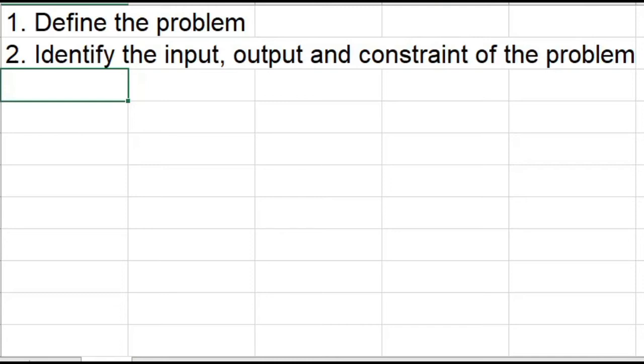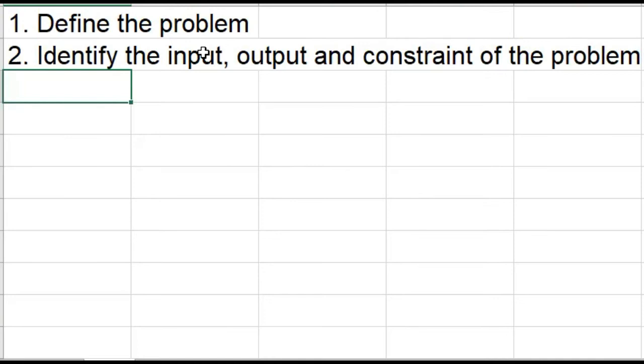So that is defining the problem: what we want the computer to do. Then identify the input, output, and constraints of the problem. That means the number of inputs and number of outputs that we require in that problem. In the previous example 5 into 4, there were two inputs and one output.